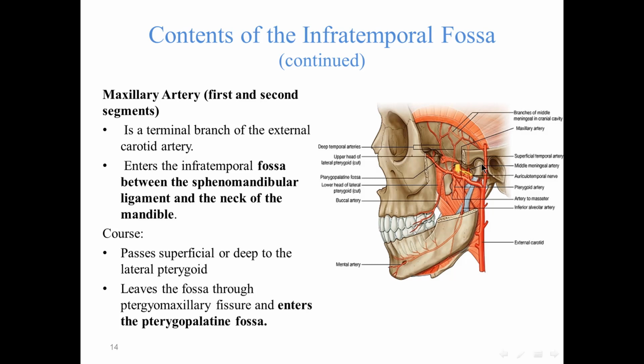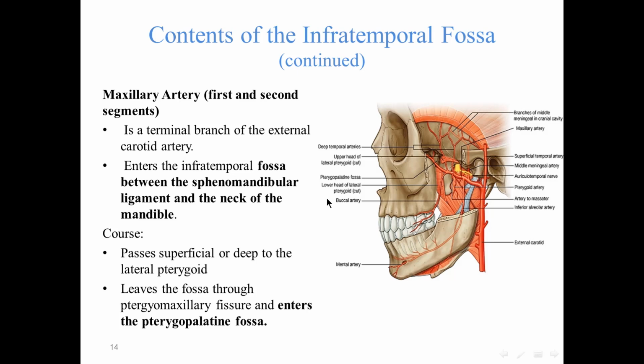The pterygomaxillary fissure is located in the medial wall of the infratemporal fossa. When the maxillary artery passes through this fissure, the second part of the maxillary artery ends, and the third part begins.